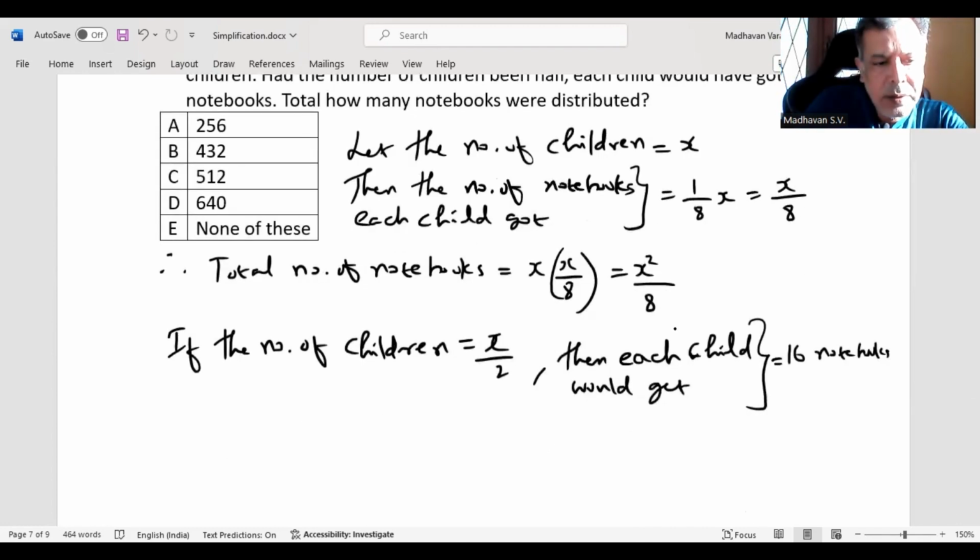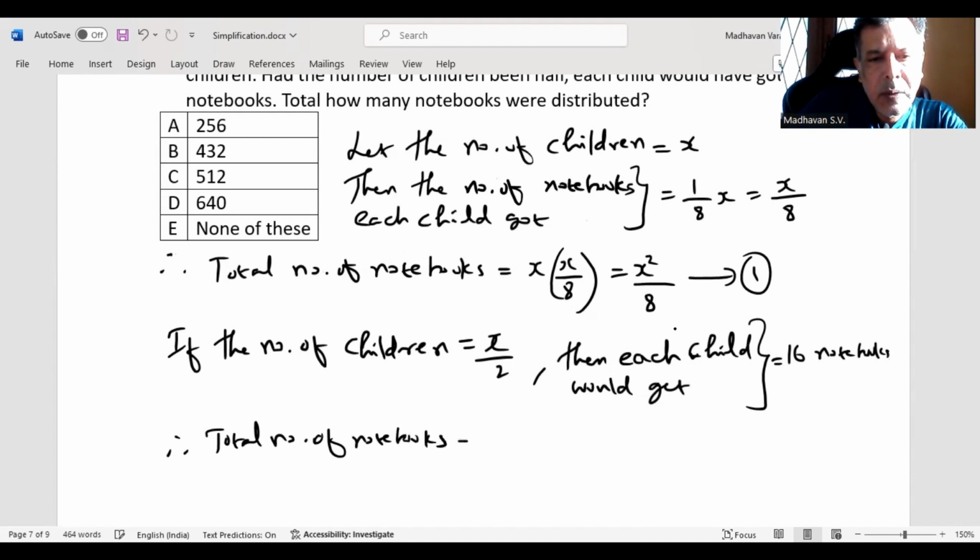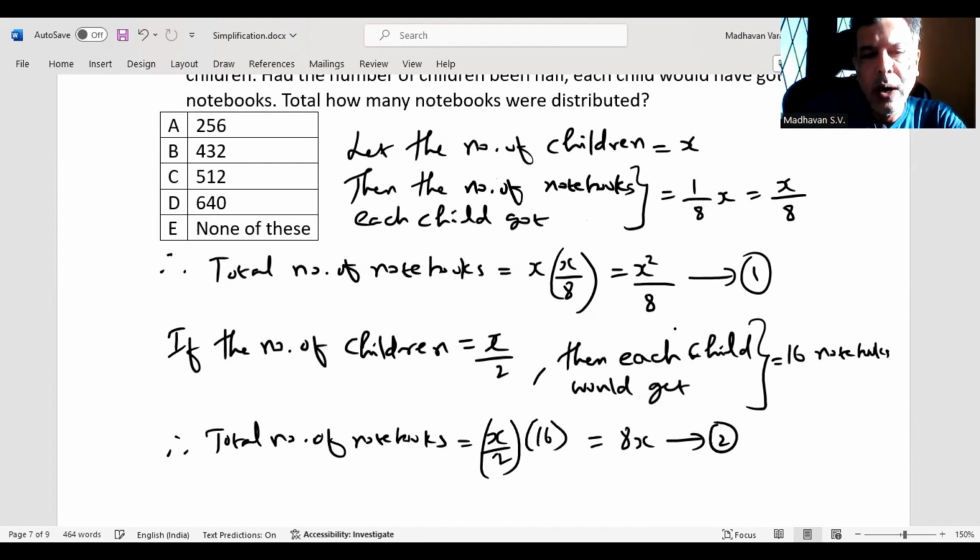That means, let me call this equation 1. Therefore, in the second case, total number of notebooks is the number of children, which is X/2, multiplied by the number of notebooks each child gets. So that becomes 8x. Call this 2.